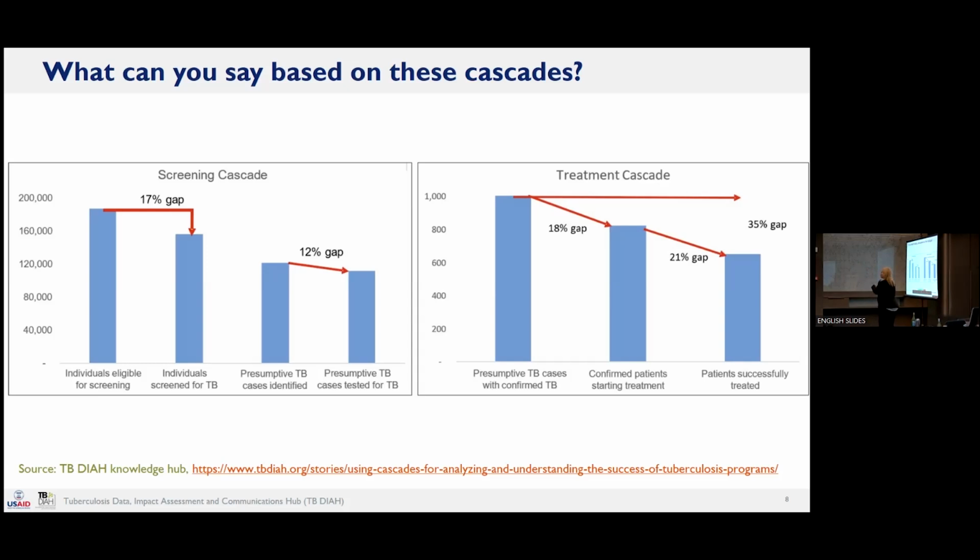And out of those screened, we detected presumptive TB cases, right? Which we have to refer to the special services for additional examination, because screening gives us just the presumptive cases, right? Out of those, say only 88% reached the further testing and examination.